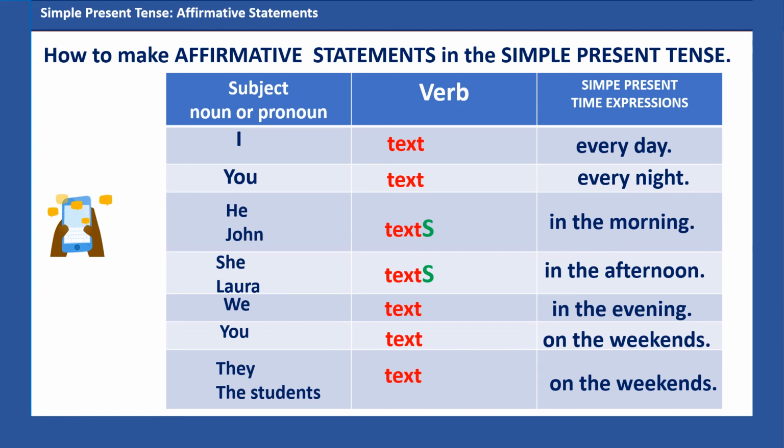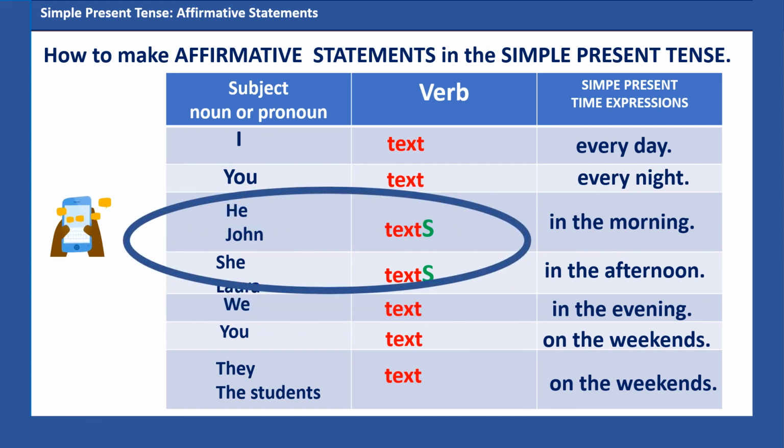So let's take a look at the verb. Are all the verbs the same? No. Which verbs are different? That's right. The verbs that have the subject he or she, or even it. What is different?